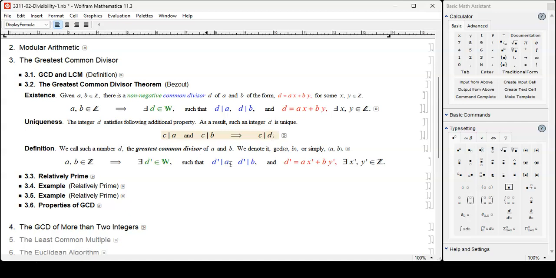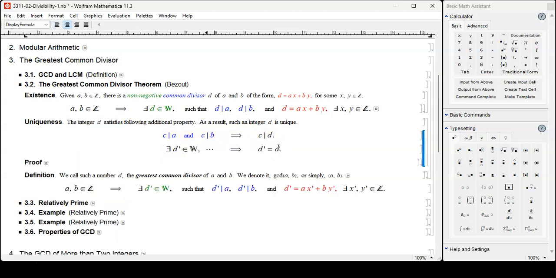You see, D prime satisfies this one here, which I'm highlighting in blue, a common divisor, that part, blue. So D prime divides D, and same thing goes here. D is a common divisor, so D divides D prime by the same token. So they turn out to be the same because D prime and D are both whole numbers.